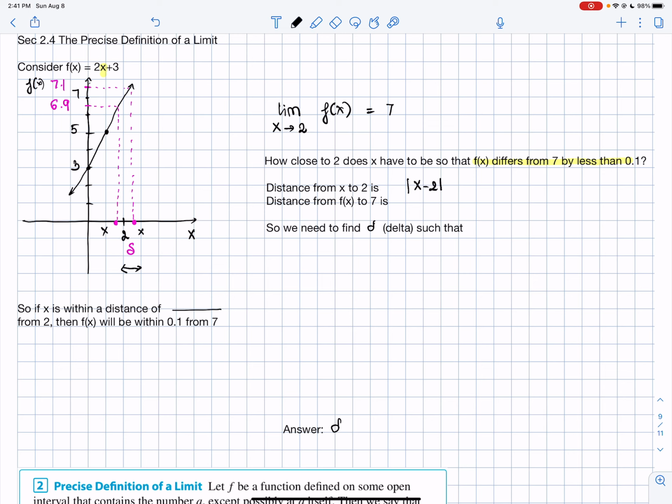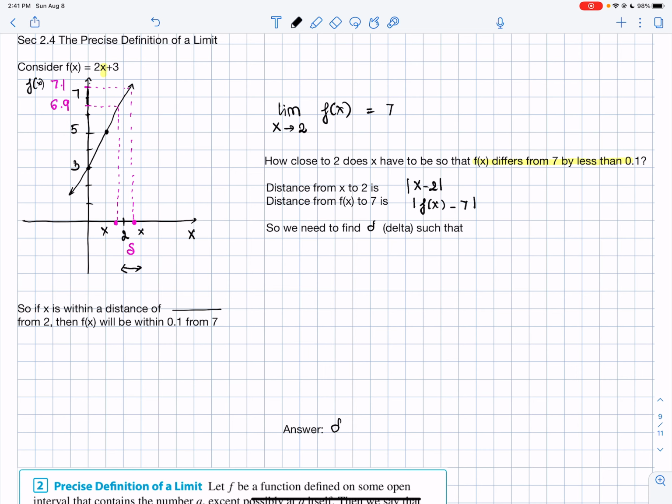So the distance from f of x to 7 is the absolute value of f of x minus 7. We notice that we want just around 0.1, and of course it can be smaller than 0.1. Then the distance from 2 to x can be delta or smaller than delta.